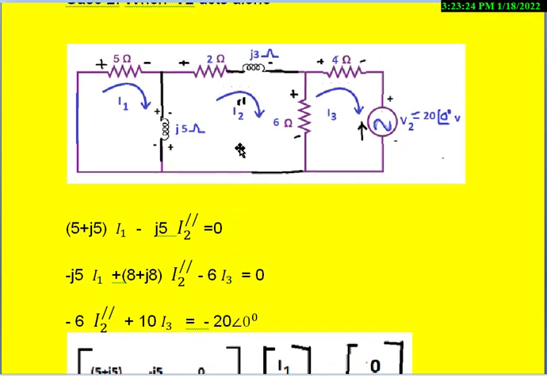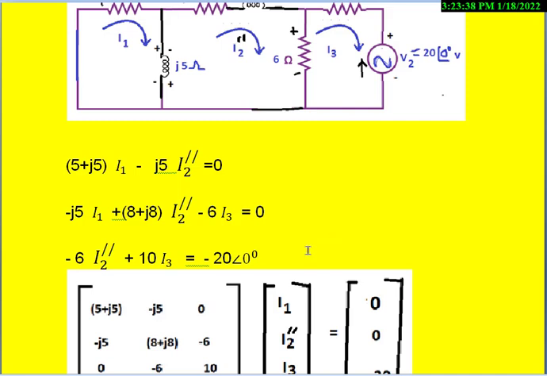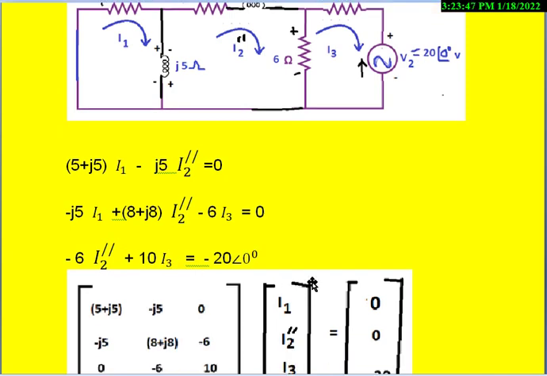Next, similarly the second loop equation: minus J5 I1 plus 8 plus J8 into I2 double dash minus 6 I3 is equal to 0. For the third loop, we get the equation like this: minus 6 I2 double dash plus 10 I3 is equal to minus 20 at an angle of 0 degrees.